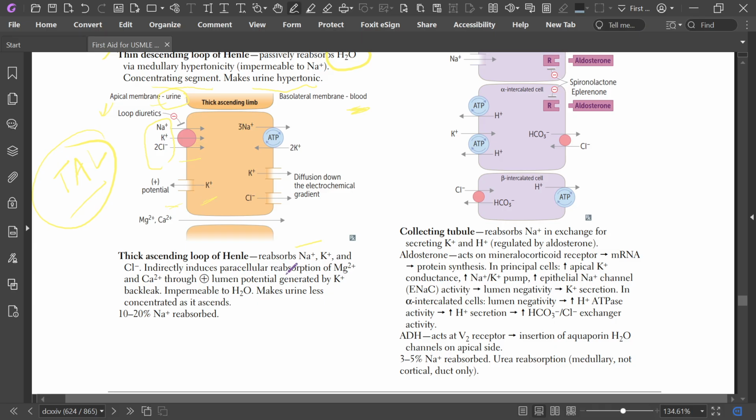There is another mechanism, paracellular reabsorption of magnesium and calcium through the lumen-positive potential gradient generated by the potassium. This point is very important. Why? There is a channel called ROMK. I actually forgot this ROMK channel. So think in that way.